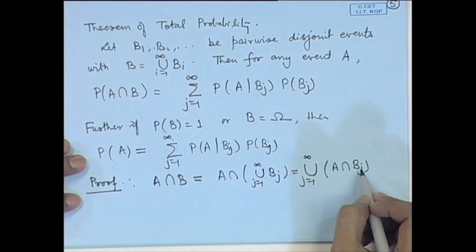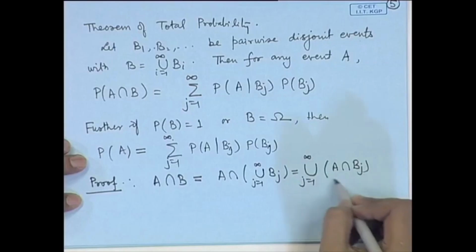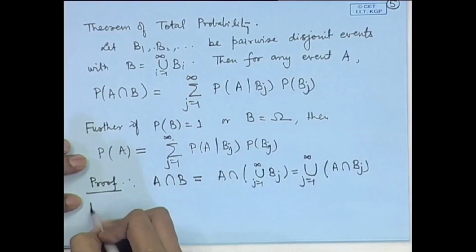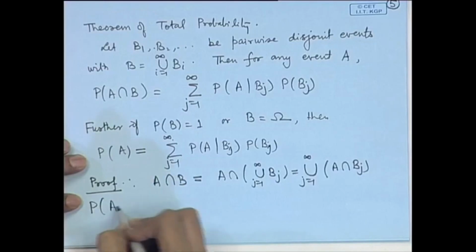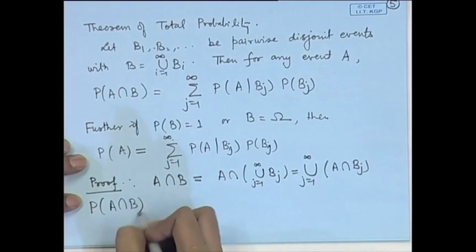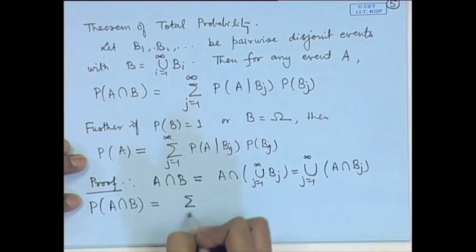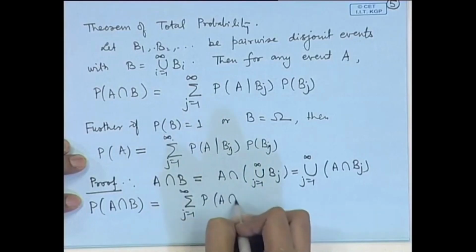Now, we notice here that Bj's were pairwise disjoint sets. Therefore, A intersection Bj's will also be pairwise disjoint, and therefore, the countable additivity axiom of the probability applies here, and you can write probability of A intersection B as summation of the probabilities of A intersection Bj.